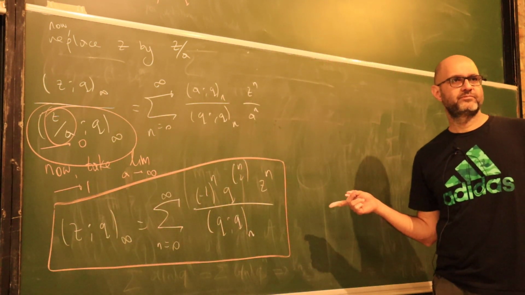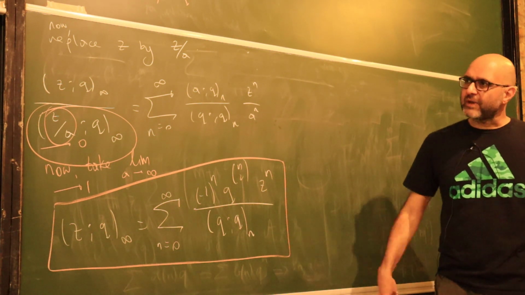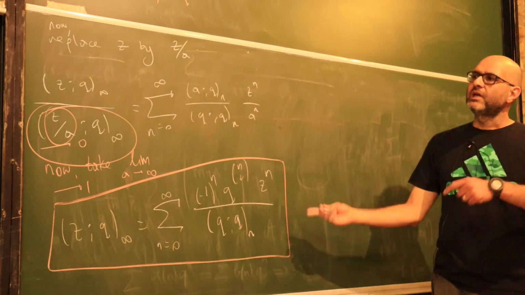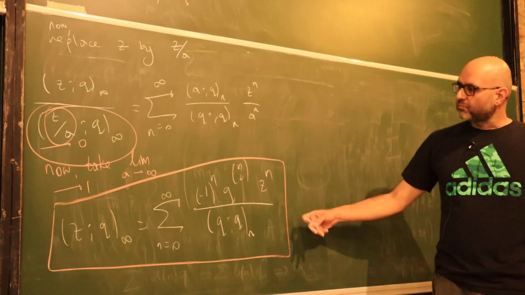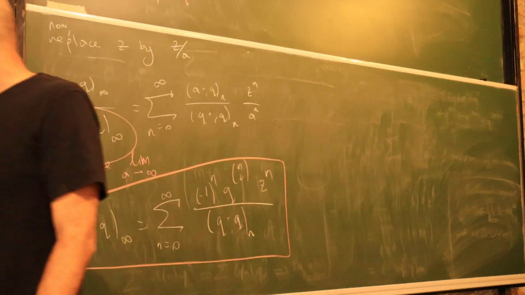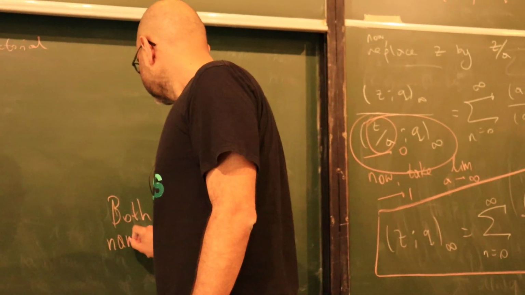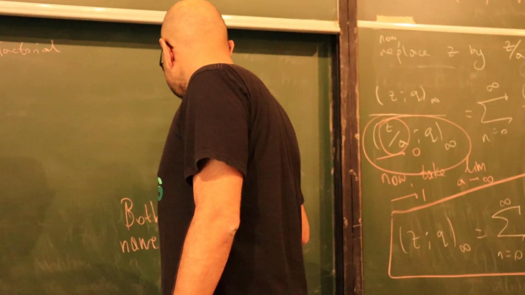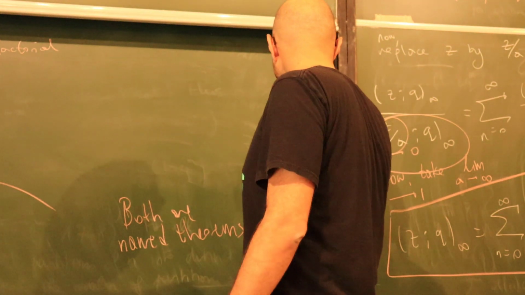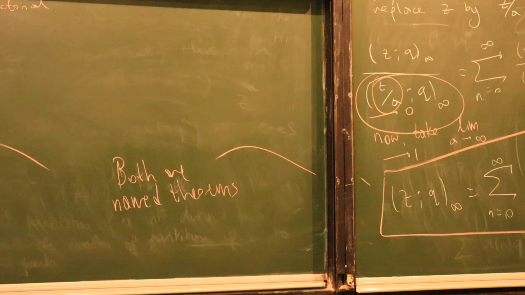Any questions here? By the way, we did things systematically and we proved the q-binomial theorem first, got two corollaries afterwards. Both of these corollaries are named theorems, though the names escape me at the moment.